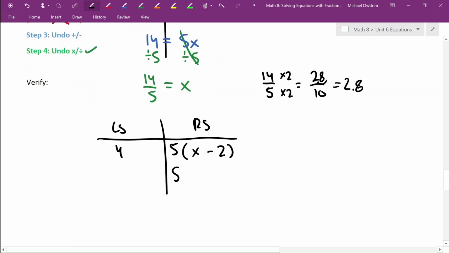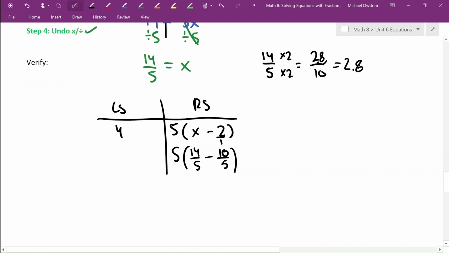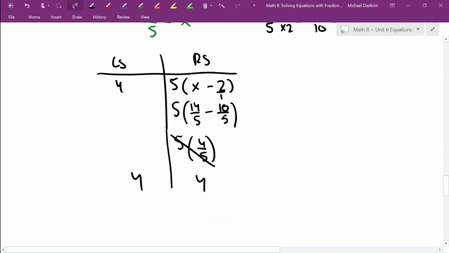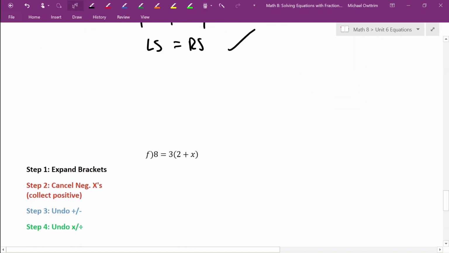In this case, we think that x is the fraction 14 fifths. We want to subtract from that a value of 2. Now remember, 2 is 2 over 1. I need a common denominator of 5, so that's 10 over 5. 14 over 5, take away 10 over 5 is 4 over 5. And you can see our 5's cancel to leave us with a value of 4. Now, since the left side was 4, the left side does equal the right side, and we're verified.